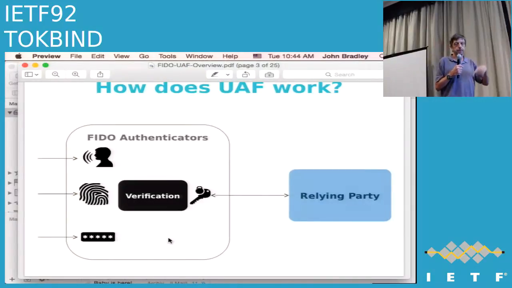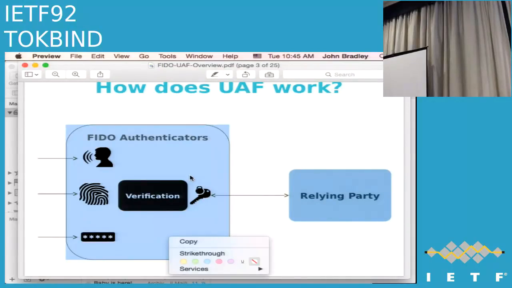There we are. Right. So there's 2 steps when you first deal with a relying party, and we use the term relying party. We should call it FIDO relying party. Okay. A FIDO relying party is just a 2-party interaction.